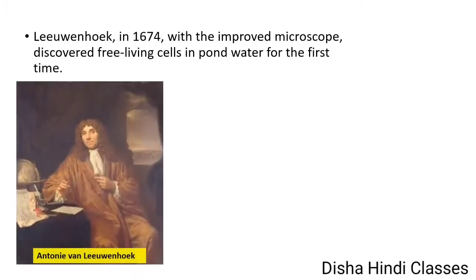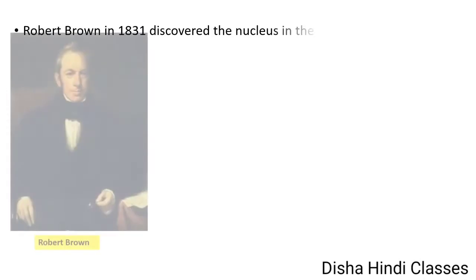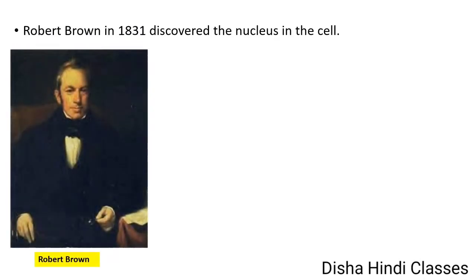Leeuwenhoek in 1674, with the improved microscope, discovered free living cells in pond water for the first time. Robert Brown in 1831 discovered the nucleus in the cell.